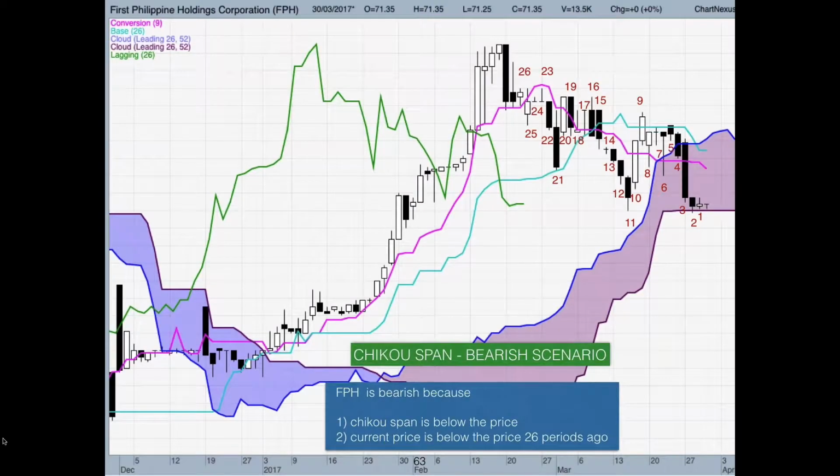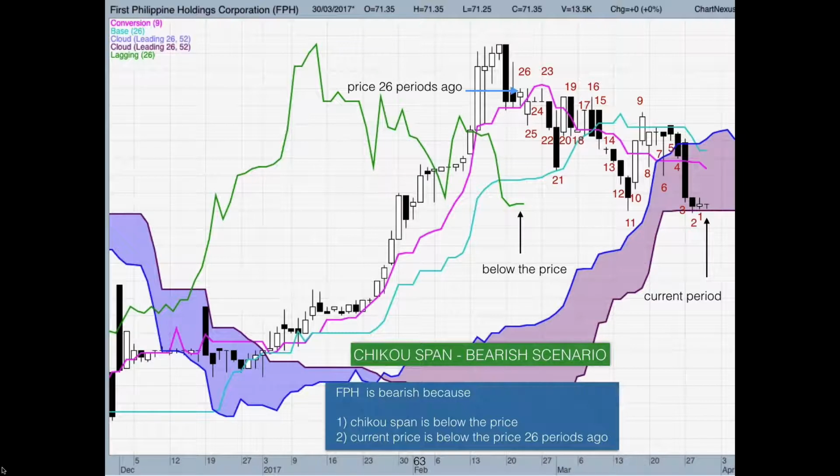Here's an illustration. This is the current period. We count 26 periods back. Notice the number 26. We look down to find where the Chikou span is.